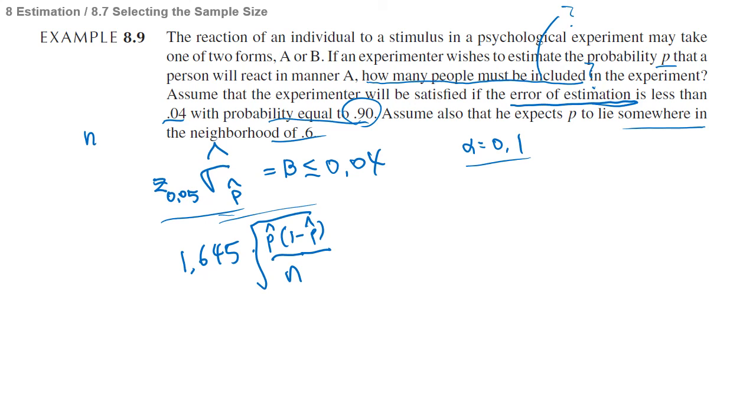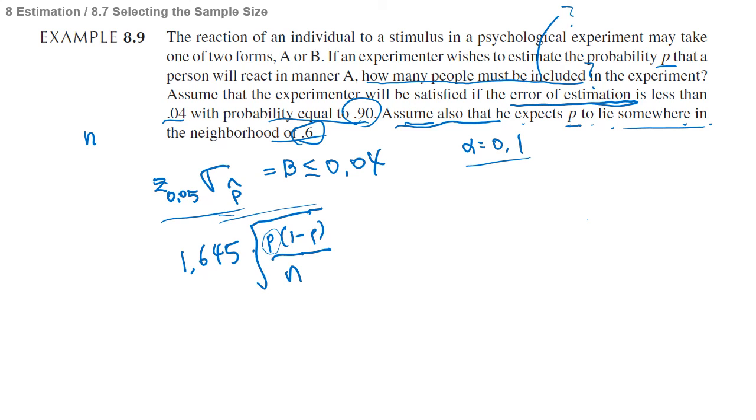And from here, if we don't have the hat, the formula is this one. Since we don't know p, we should put something here. But in the problem, assume also that he expects p to lie somewhere in the neighborhood of 0.6.